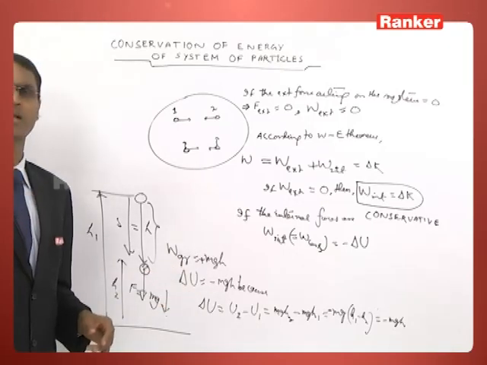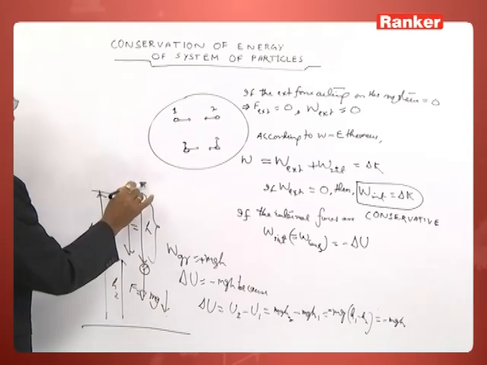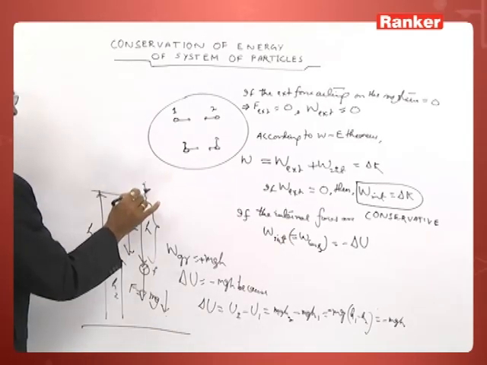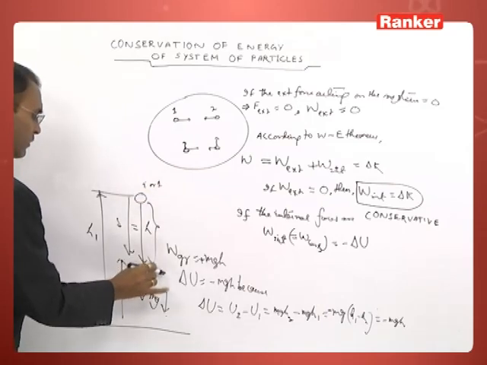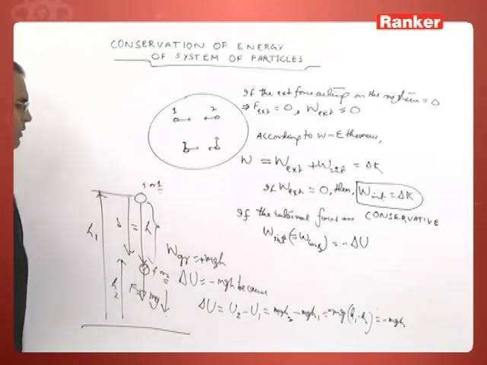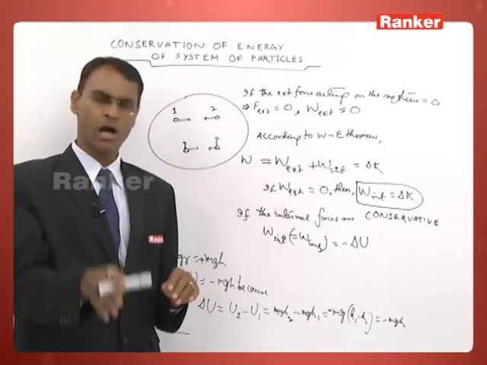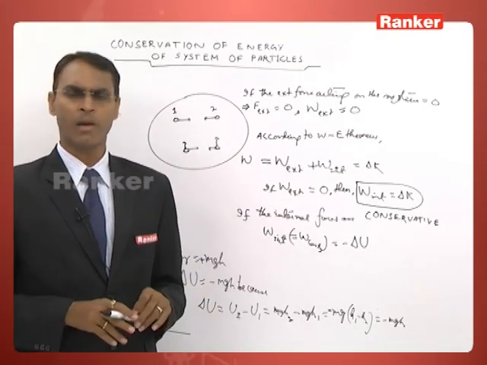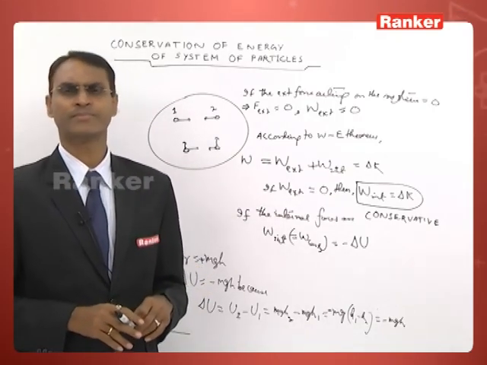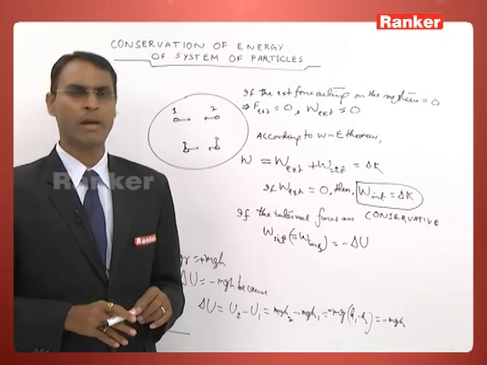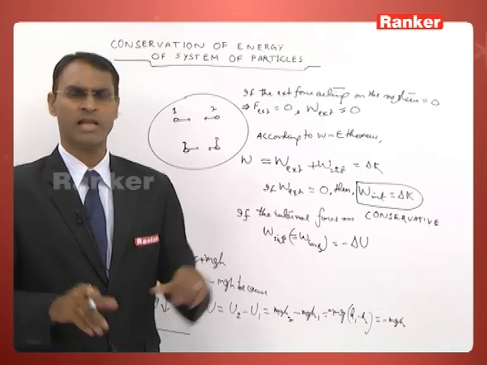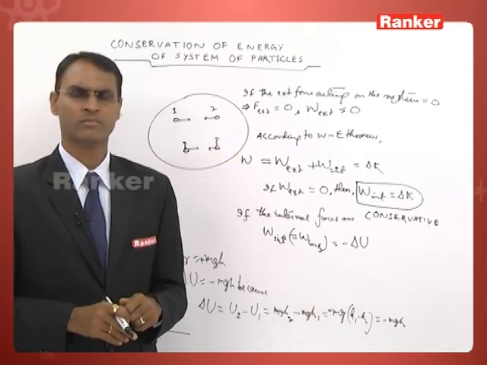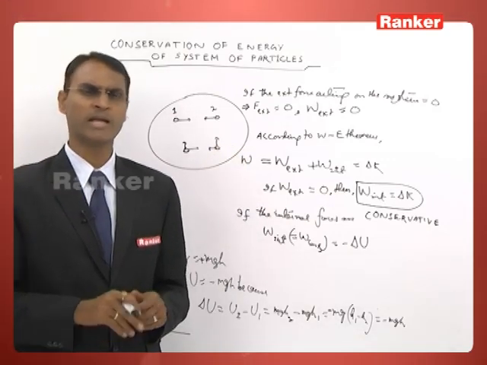Change is always final minus initial. This is the initial position, this is the final position. Initial position I, or you can write 1. Final position F, or you can write 2. When a body comes down, the gravitational potential energy change is negative, minus mgh, and the gravitational work done is plus mgh. So they are exactly equal and negative to each other.